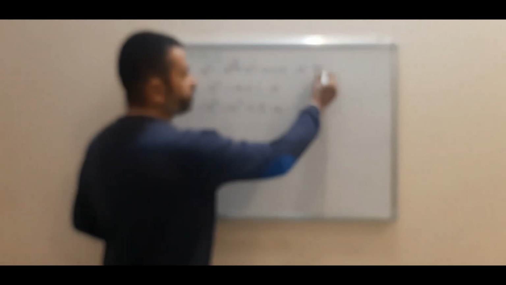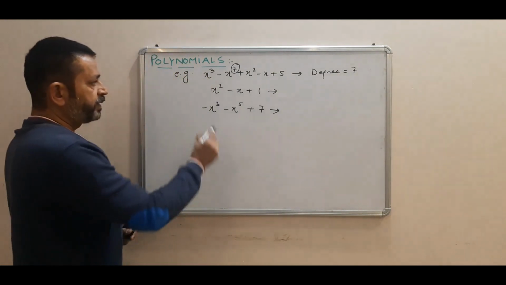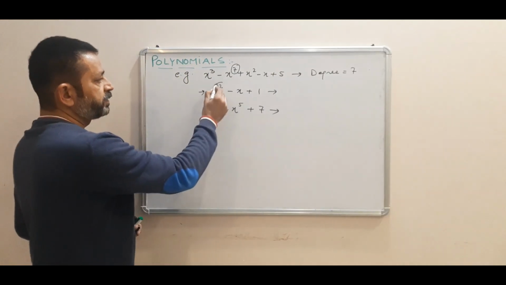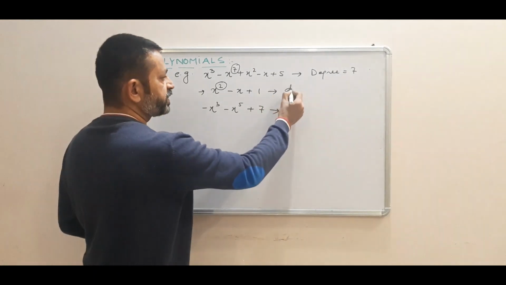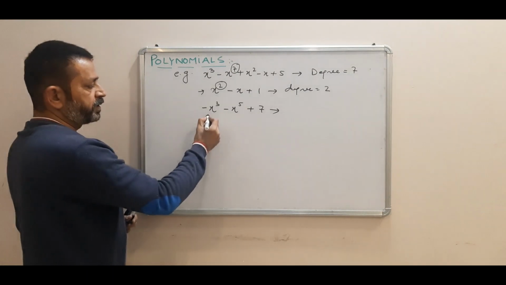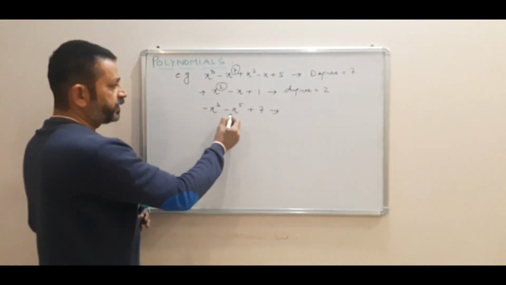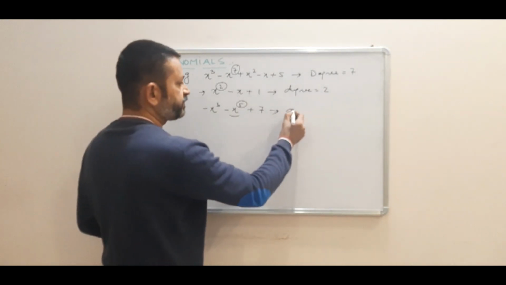So the degree of this polynomial will be 7. In this expression, the highest power or highest exponent is 2. So its degree is 2. Similarly, in this expression, the highest exponent is 5, so its degree will be 5.